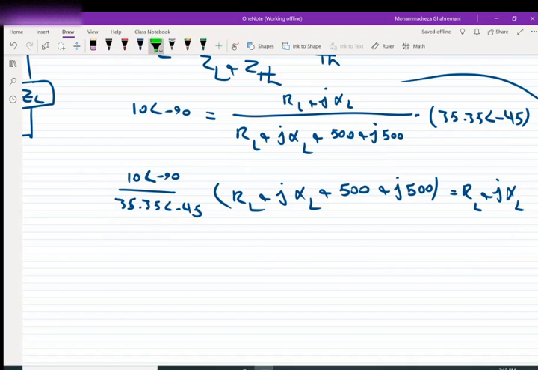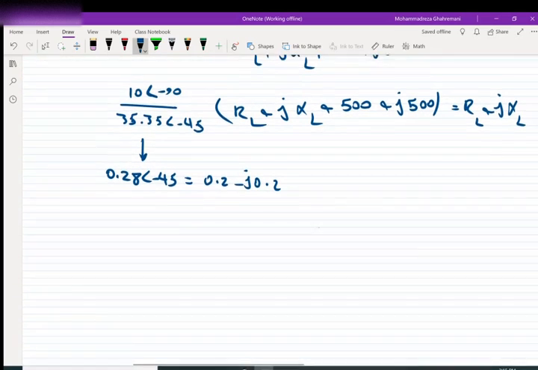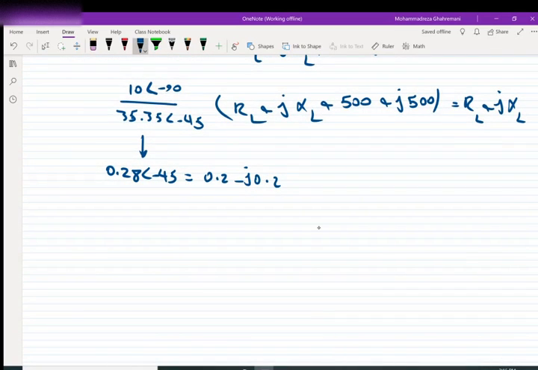Now that we reached this point, let's see what 10 with the angle of negative 90 over 35.35 with the angle of negative 45 is. It should be 0.28 with the angle of negative 45, or it's equal to 0.2 minus j0.2. Now that we have this value, let's write it down here.